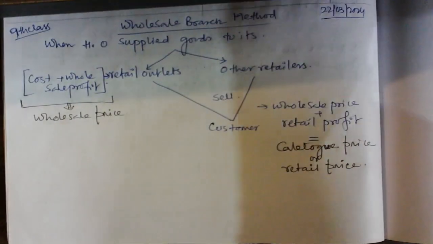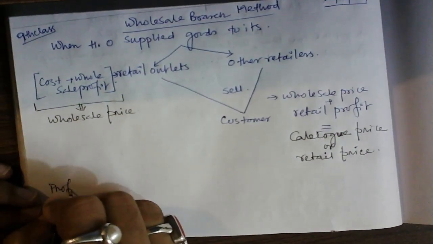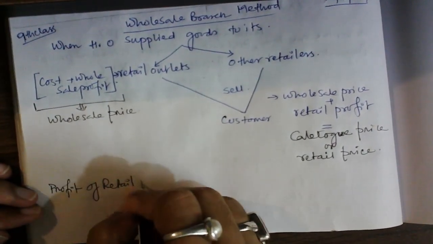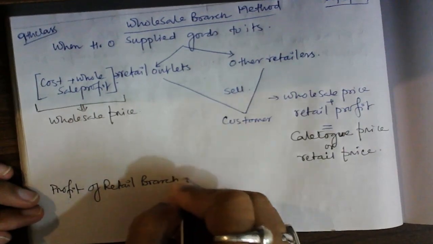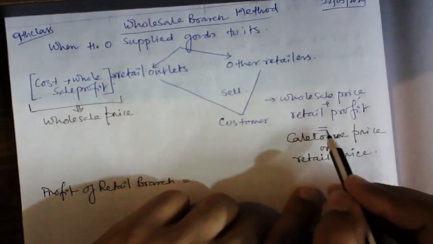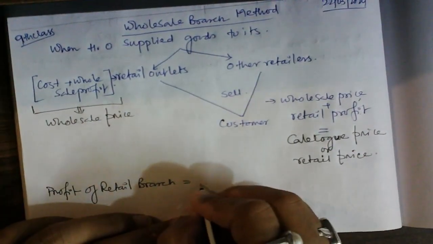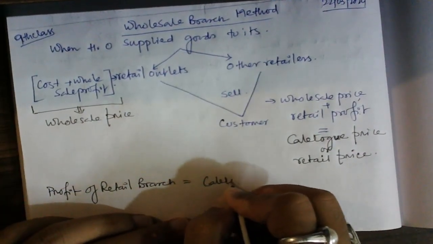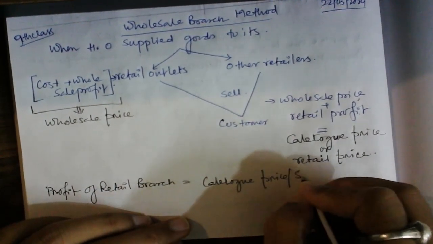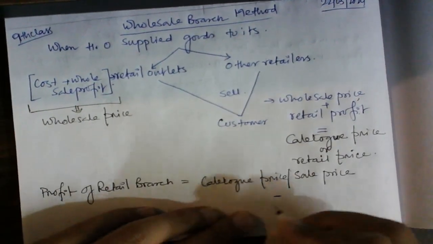If I simplify this, that is the profit of the branch, or you can say profit of the retail branch. If wholesale price plus retail profit is equal to catalog price, then if I change sides, it will be catalog price, or you can say sell value or sell price, minus wholesale price.